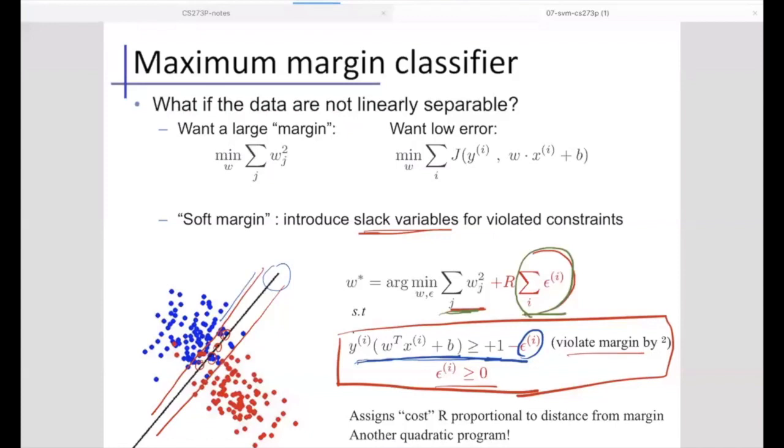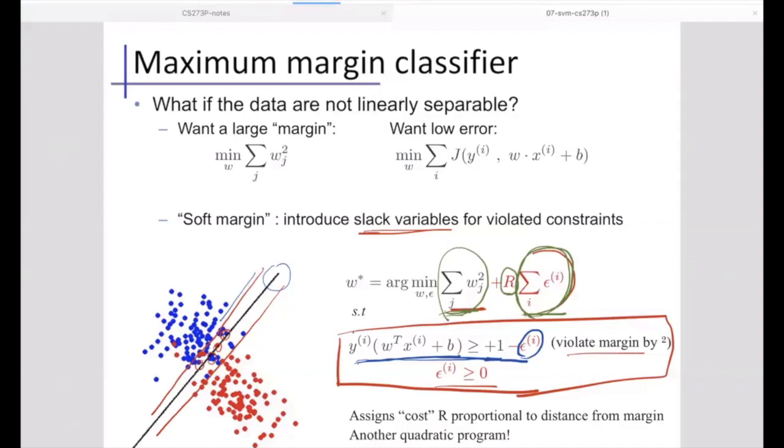Of course, there needs to be a balance between the two, whether you are encouraging the margins or encouraging fewer violations of the constraint. That is controlled by this parameter R. R is a parameter saying how much weight you put on the violations of the margin versus the magnitude of the margins.